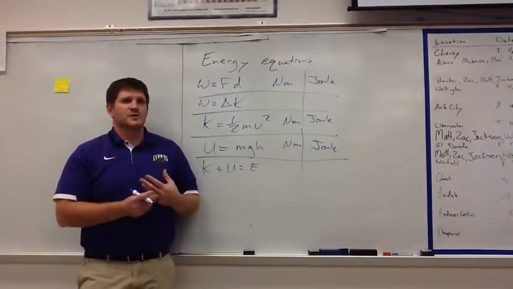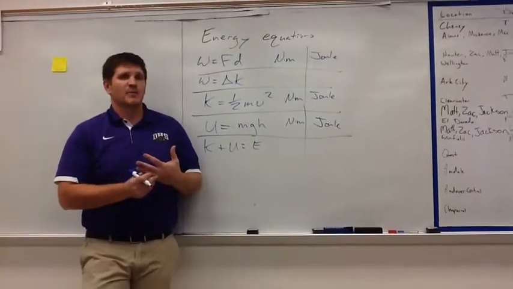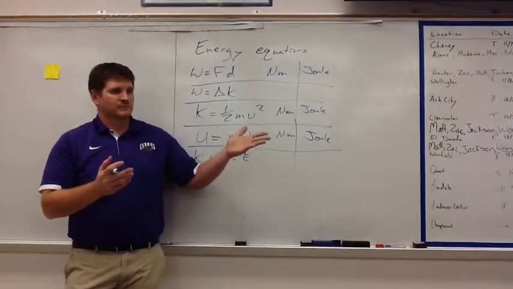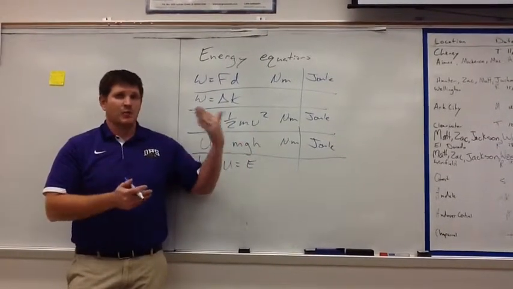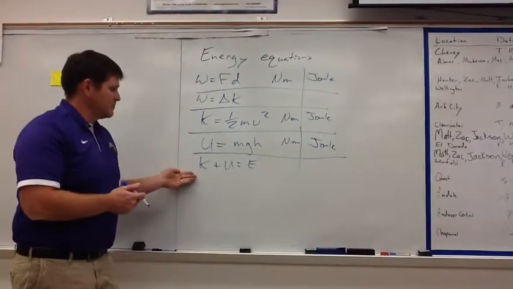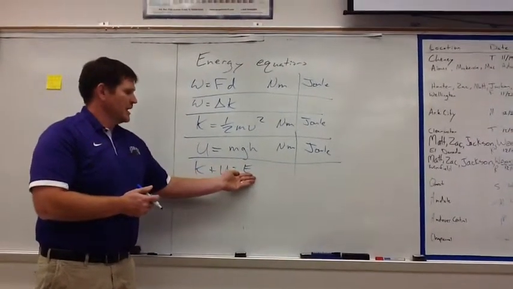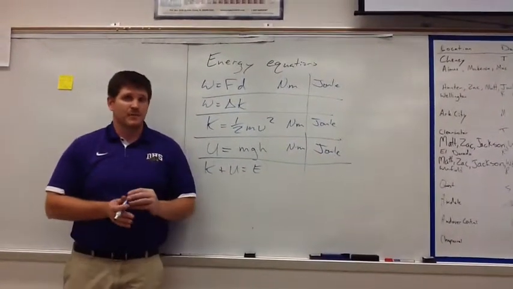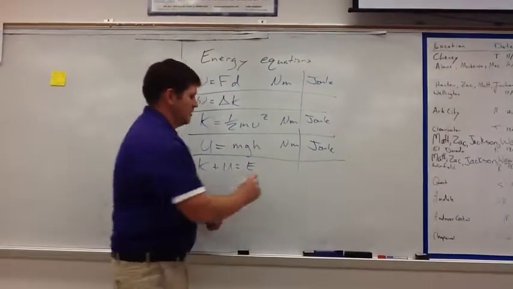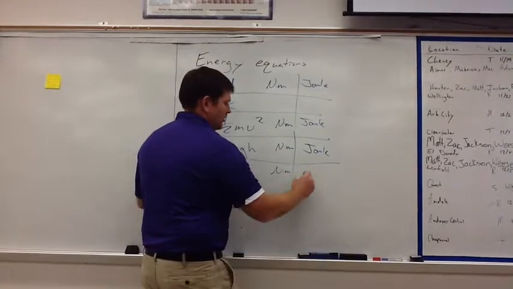This is how, say, a turbine works in a dam. Water's falling. You have the potential. As it's falling, it's being transferred. And what it actually does is it moves something, that mechanical energy. Also Newton meters and joules.